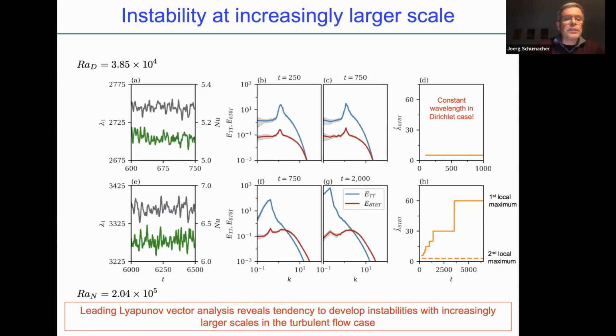On the next slide, you see here the time sequence of this leading Lyapunov exponent, but I would like to point your interest to the very last pictures here, the two panels D and H. And there you see that when you quantify this maximum scale, or the scale at which the spectrum of the temperature perturbation has a local maximum, then you see again that this is growing in the course of time until the box size with an aspect ratio of 60 is reached.